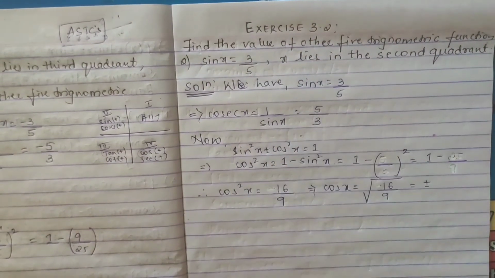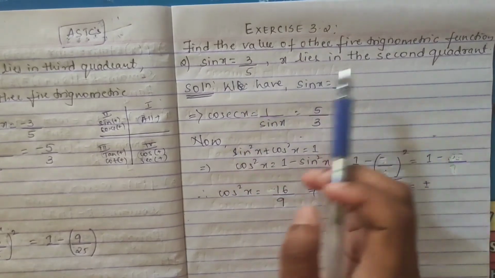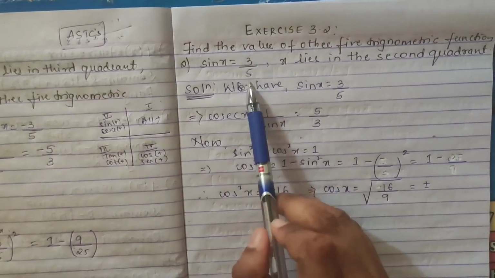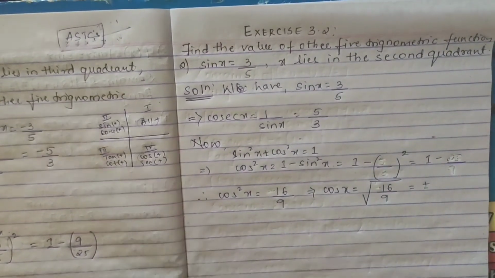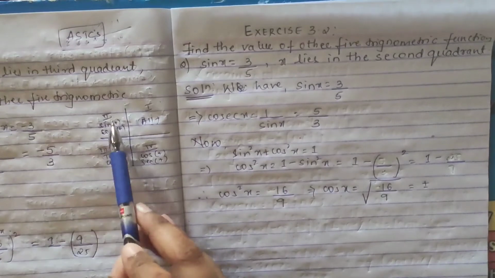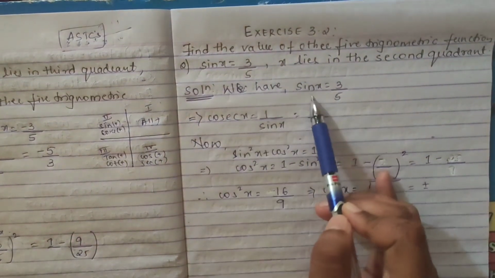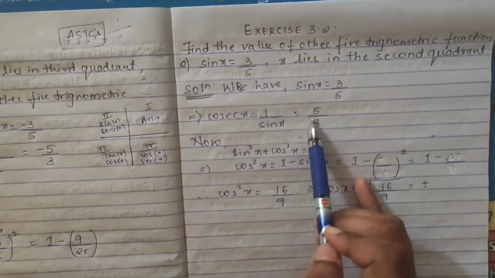Exercise 3.2, same, they are telling us to find the values of the other 5 trigonometric functions. I've taken the second one: sin x equal to 3 by 5, and x lies in the second quadrant. As we know, in the second quadrant only sin and cosec are positive, the rest are negative. They have given sin, so we can easily find cos.